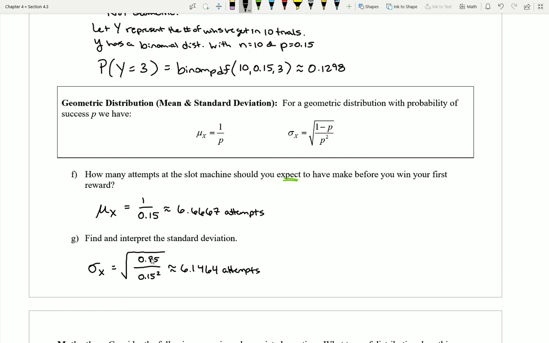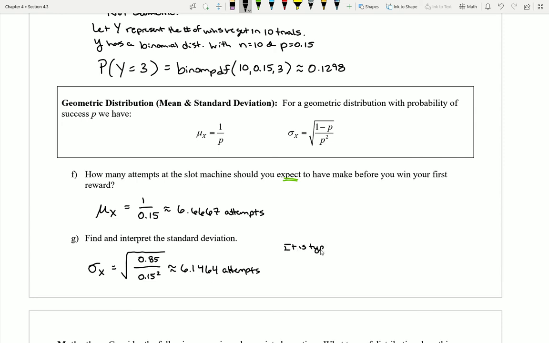So again, we should be able to interpret what this value means, right? We would expect to have to pull the lever 6.667 times. However, don't be too surprised. It's not uncommon to have to pull it somewhere between this many more or this many less attempts from average. So I'll write it like this.